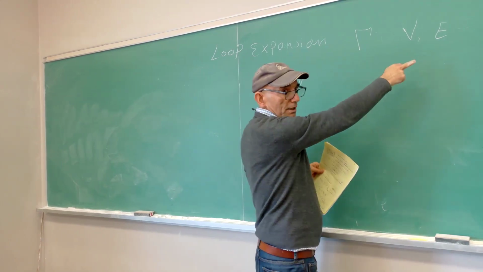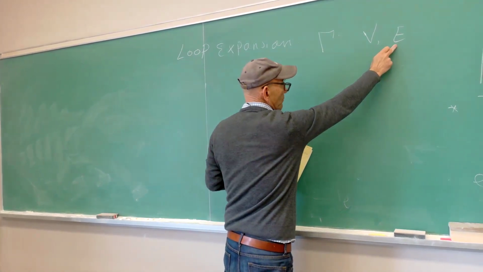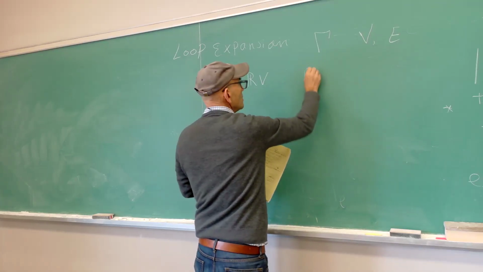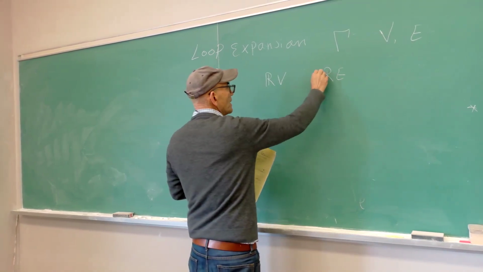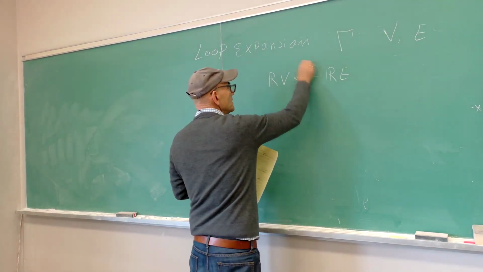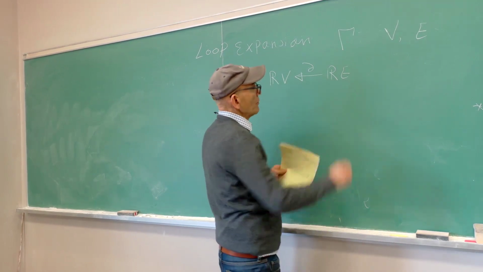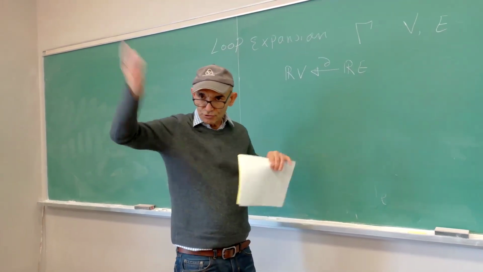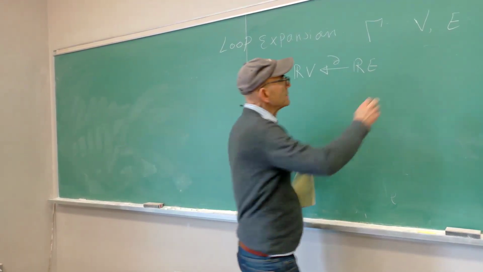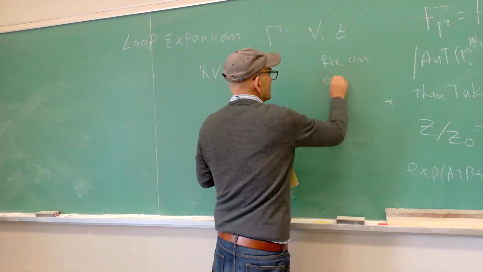And then I can construct another vector space with the set of edges. I call it RE. And then I can define a map in this direction, D, which is the following. So you have to fix an orientation. It doesn't matter which orientation, but you just orient edges.